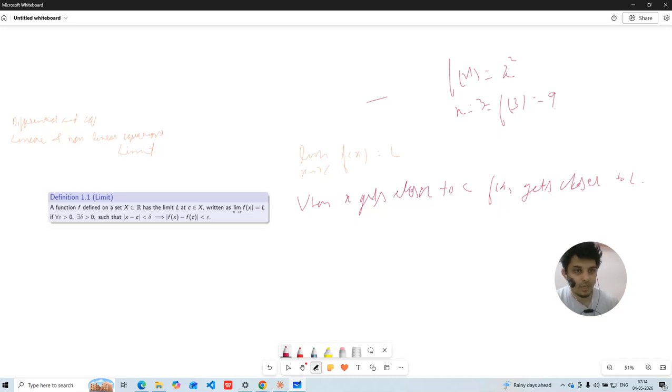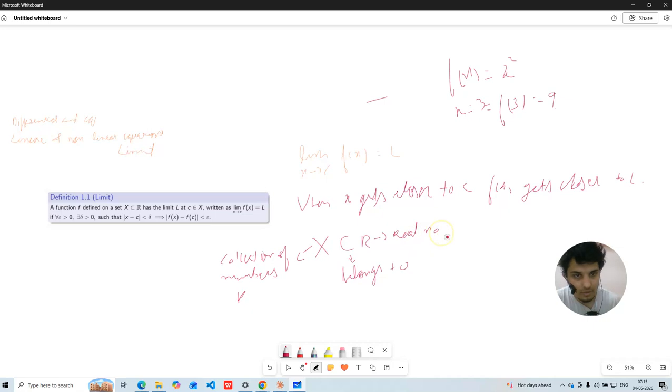And now set x belongs to R. Now this symbol here is the symbol for belongs to. For example, x is a collection of numbers, all numbers are real, as we said, x is a collection of real numbers.